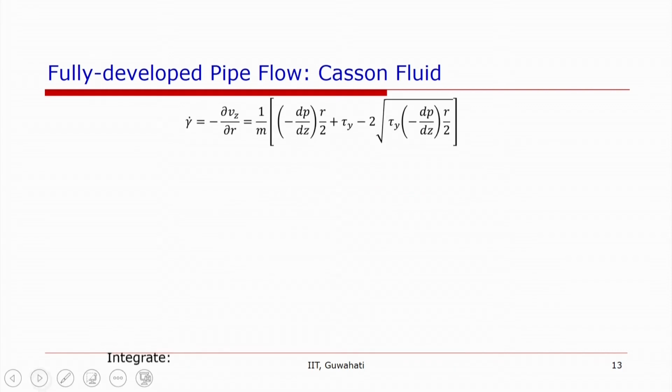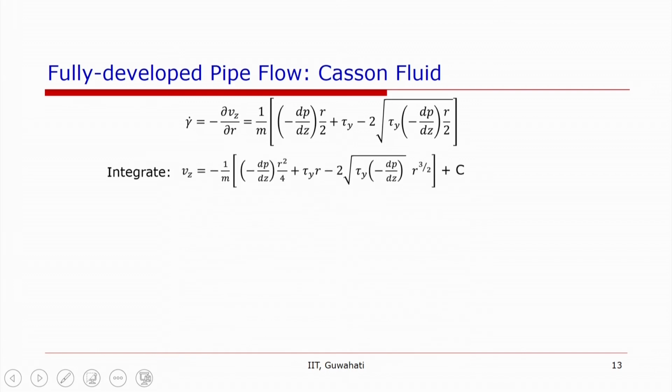Further, let us move on to this equation and we integrate and get the velocity from this. So if we take minus sign on the right hand side, it becomes Vz is equal to minus 1 over m. The first term minus dp by dz r square by 4.